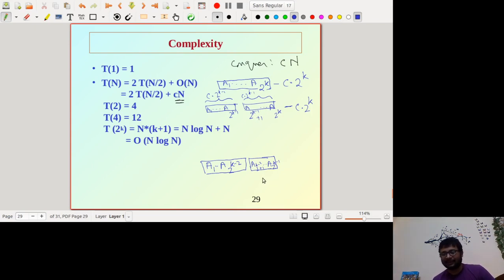So let me write in the next line for want of space. A 2 power K minus 1 plus 1 to A 2 power K minus 1 plus 2 power K minus 2.